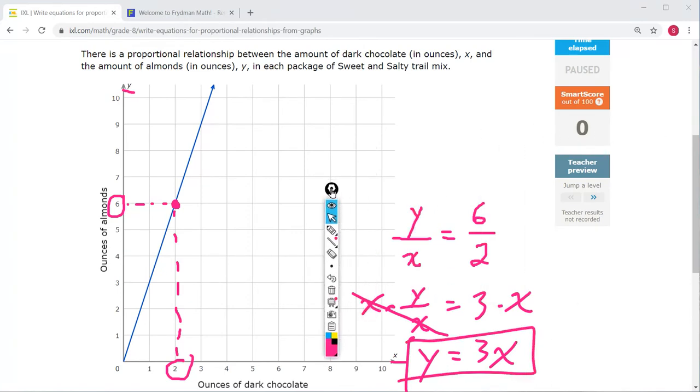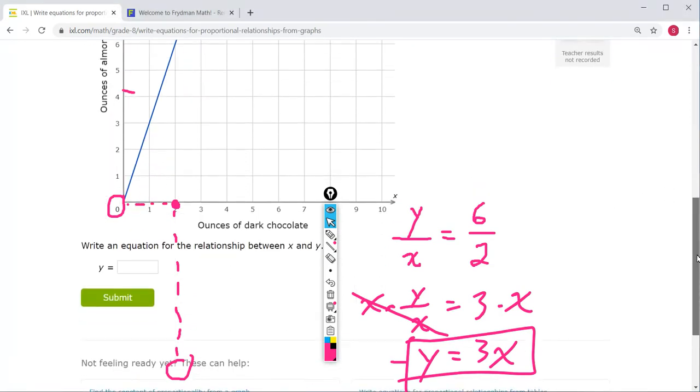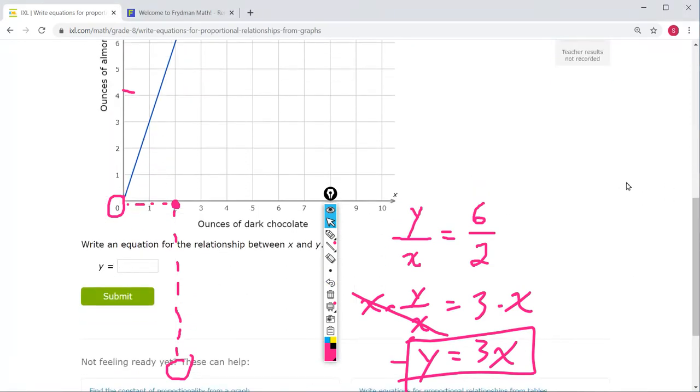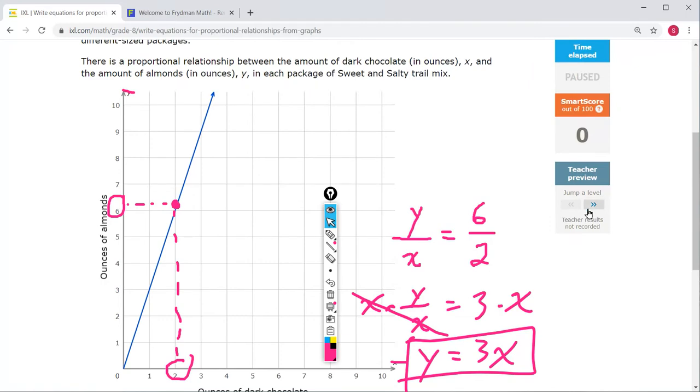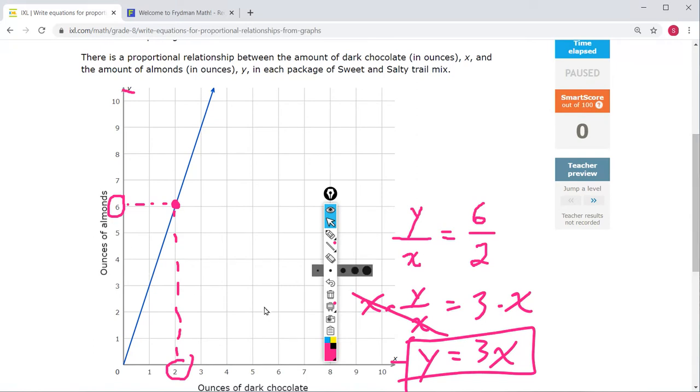I'm sure you want me to just plug that into IXL right now and be done with it. But I like to actually show that this equation does really make sense for this graph. And to see that, we can plug in some numbers.